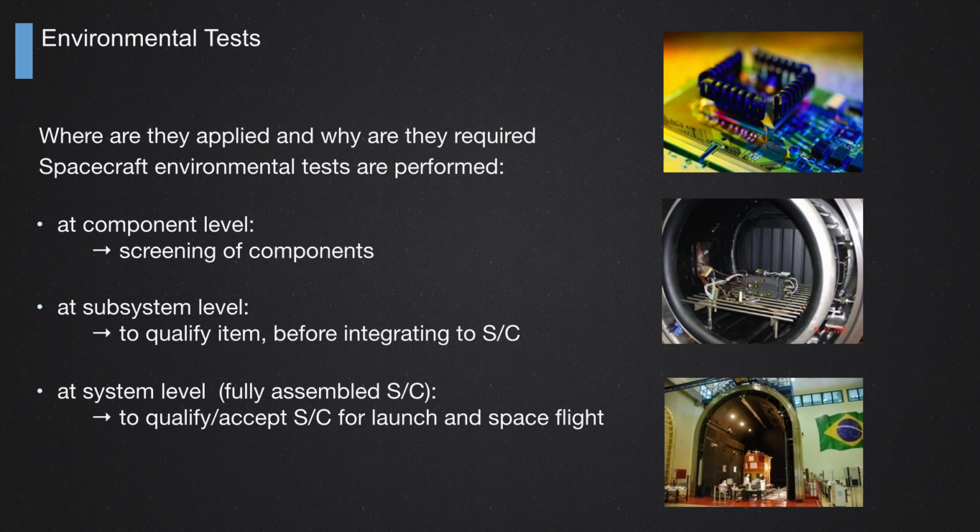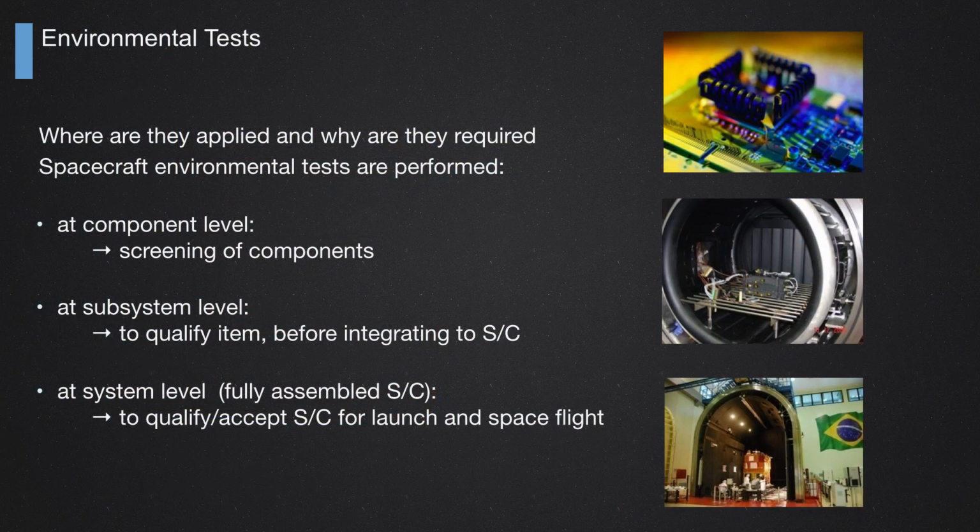Because if they are going to present some failure, it's better to fail at this moment. Once installed inside the satellite, it's much more expensive, much more difficult, and takes more time to withdraw that box from the spacecraft, do some maintenance, test it again, and put it back in.